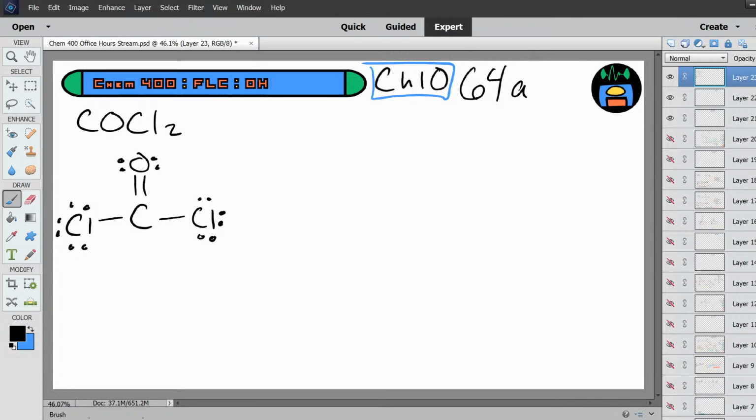All right. So when it comes to the hybridization for carbon, carbon has 3 atoms, 0 lone pairs, which means we have 3 electron groups.